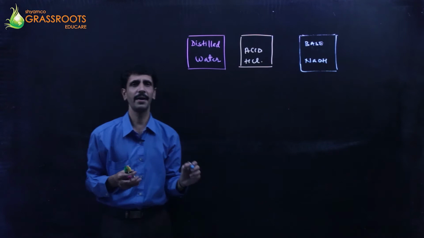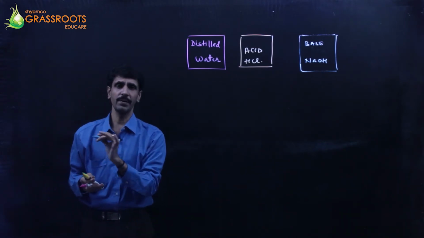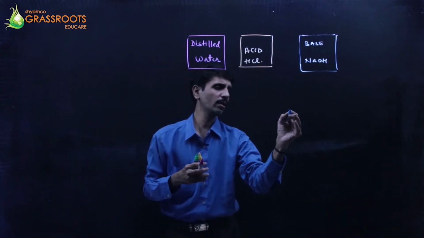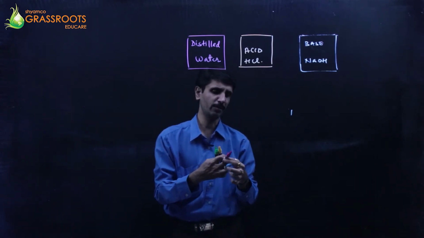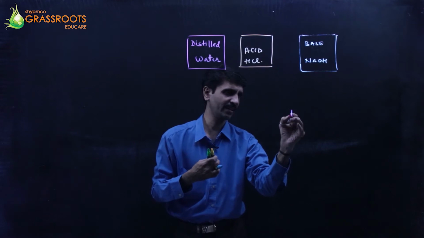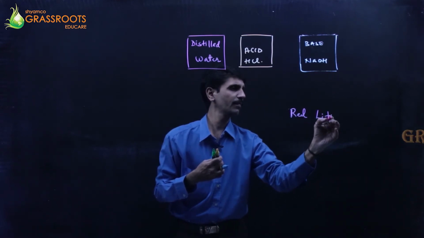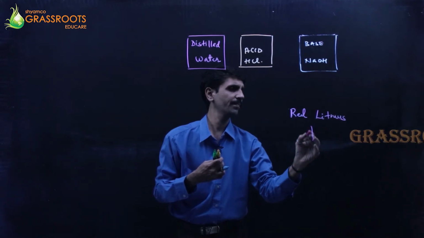Alright. Now I'm giving you a litmus paper, and that litmus paper is only the red litmus paper. I'll write it down in red so you understand this better. Red litmus paper.